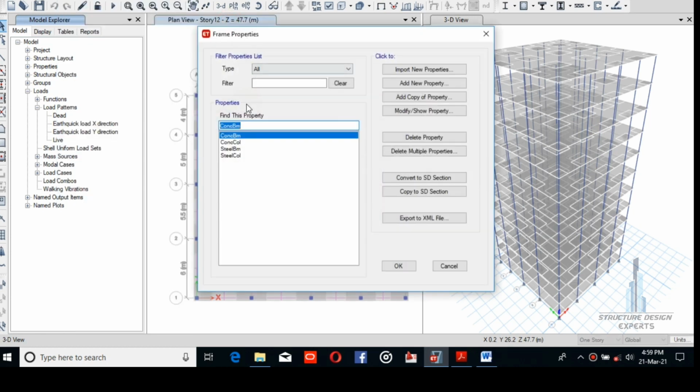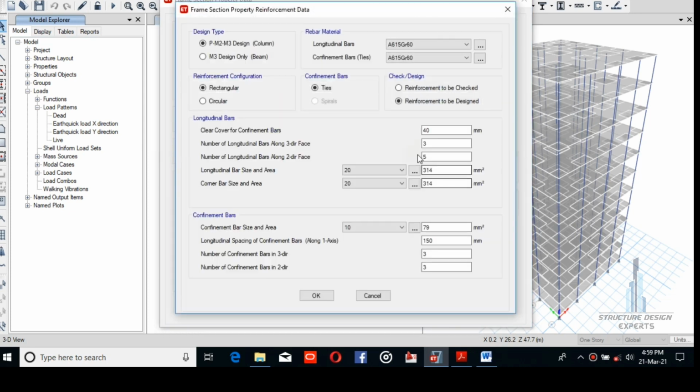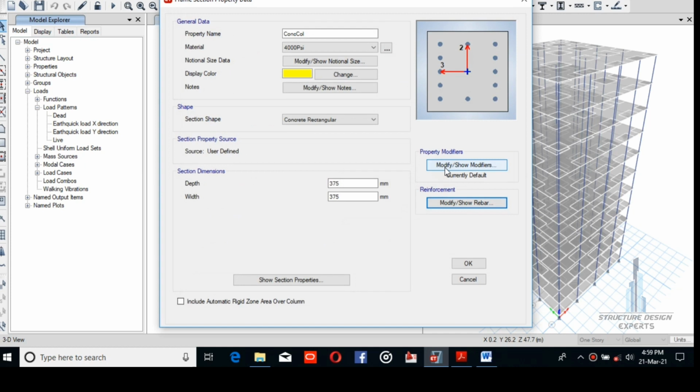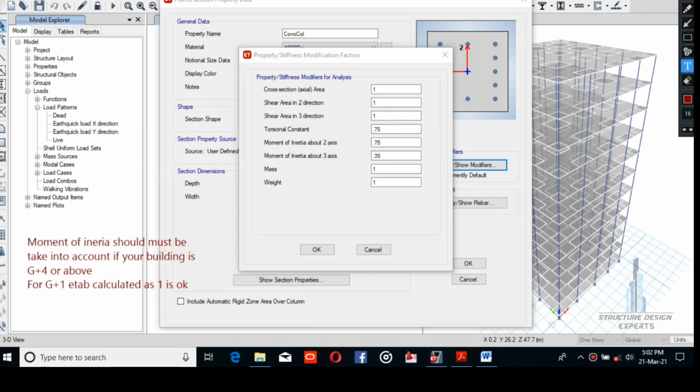So now check where we should enter the eccentricity. So let's modify and show the property. So here the torsional moment of inertia is 0.75 and the moment of inertia in x is 0.35. So if your building is a tall building, you should enter the moment of inertia as well, torsional.